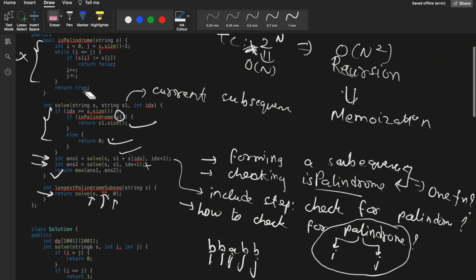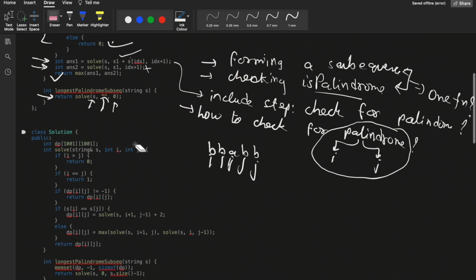So guys, here what we are doing, here we were storing this subsequence in an s1 string, and we were taking an index parameter here. So instead of that, what we will do here is take two integer parameters, that is i and j, and this i and j would be nothing but a way to check whether including the ith character and the jth character will result in a palindrome subsequence or not.